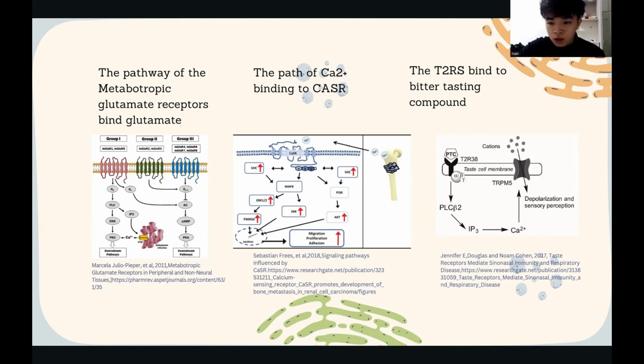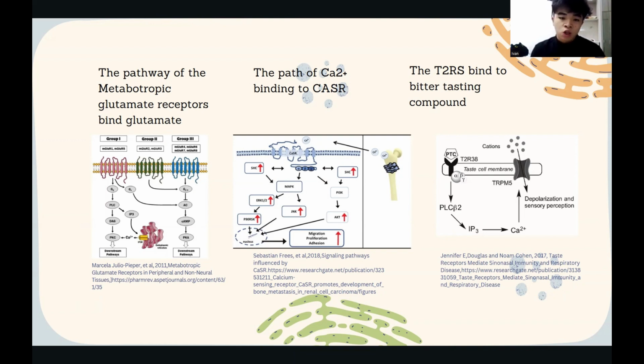Now let's move on to the second process, which is the path of calcium ions binding to CaSR. Calcium ions will bind to the CaSR, causing a change in shape of the receptors, which has a similar interaction with G protein, where the conformational change of CaSR allows it to couple with the heterotrimeric G protein, which consists of G alpha, G beta, and G gamma subunits.